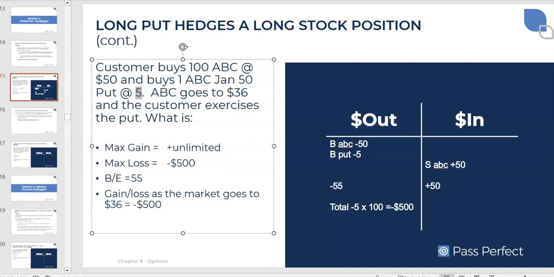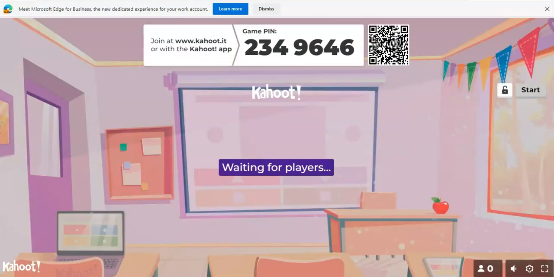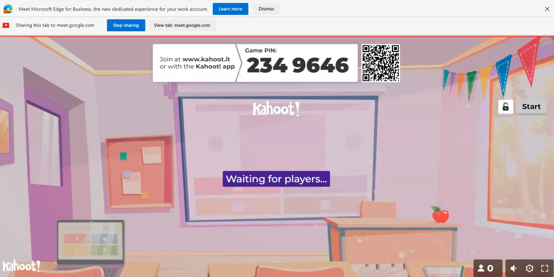All right, let me go ahead and put this on hold and let's bring up a Kahoot. Ready to go. Okay, our game pin is 2349646. Oh, you can't see the screen. Oh, well, that would make sense, wouldn't it? Might help a little bit.